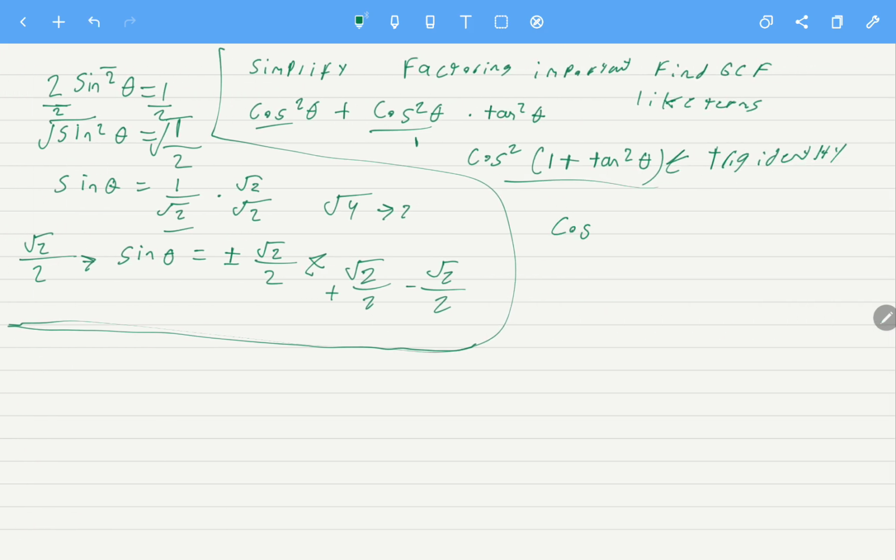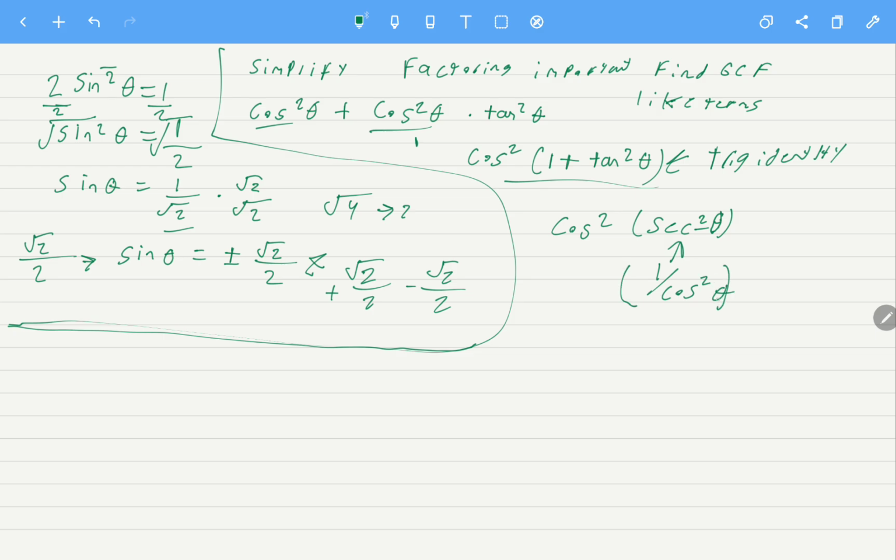So cosine squared times secant squared theta. Now, what is secant? Secant is always 1 over cosine. Because this is squared, we have 1 over cosine squared theta.